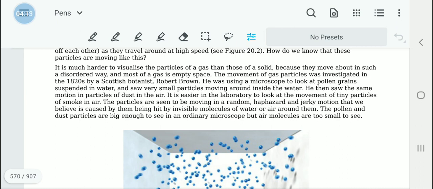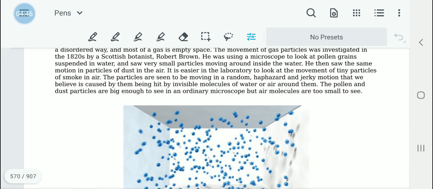Then in 1820, Robert Brown discovered how these particles move, and to honor him, we have named this movement Brownian motion, right? They have this haphazard and jerky motion because they collide with one another, right?